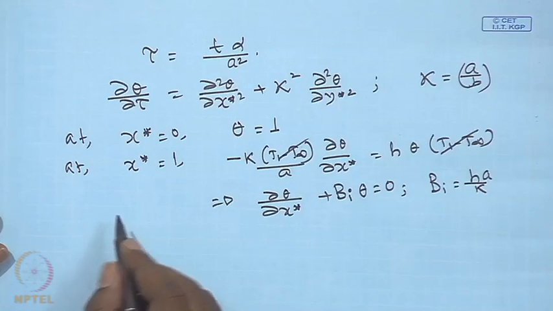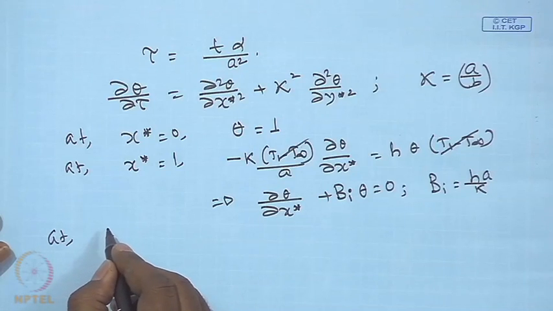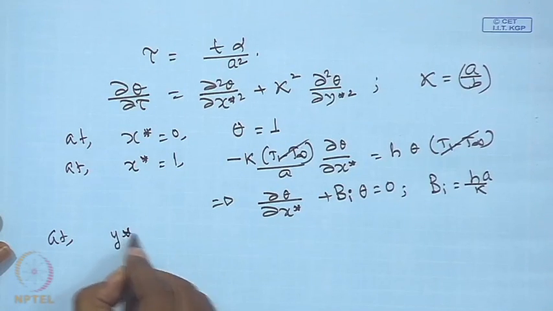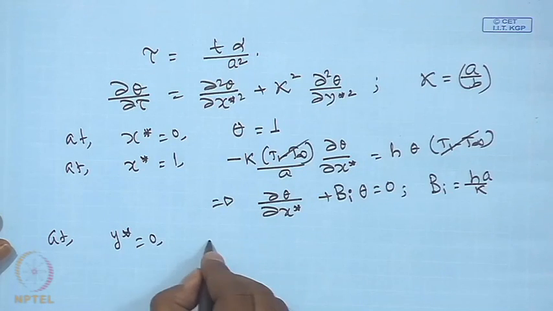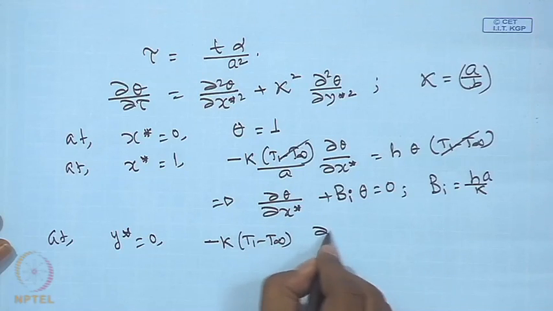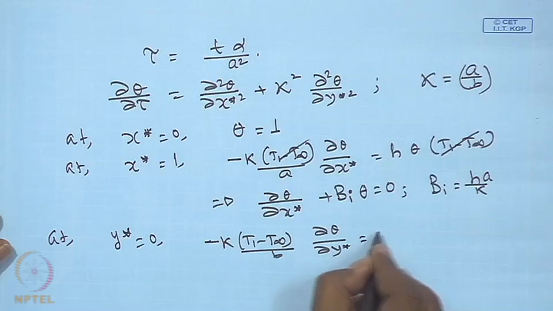So, therefore, let us make the other boundary conditions non-dimensional. At y is equal to 0, that means at y star is equal to 0, minus k del T del y is equal to q naught. So, minus k T 1 minus T infinity del theta del y star is equal to q naught.